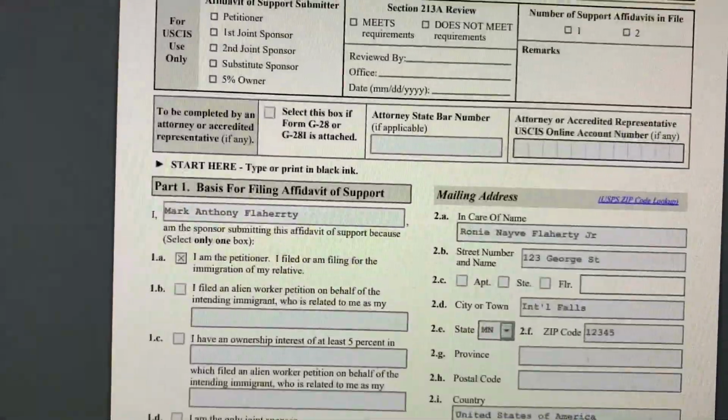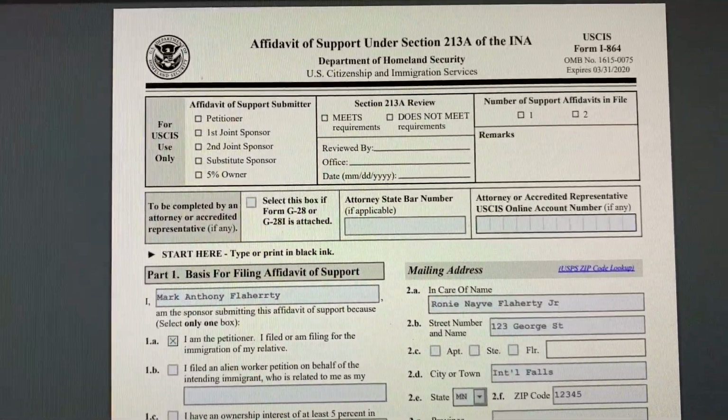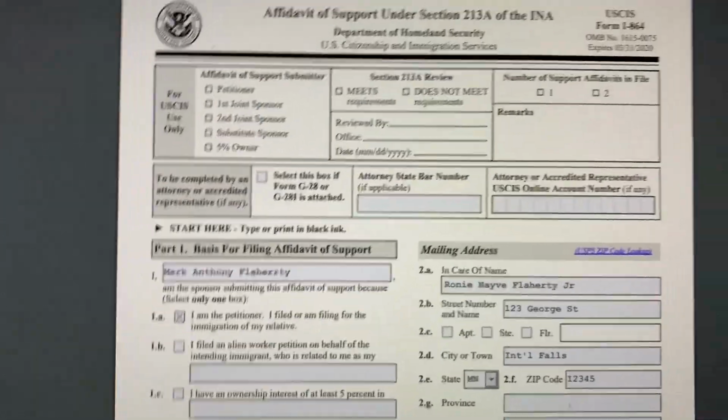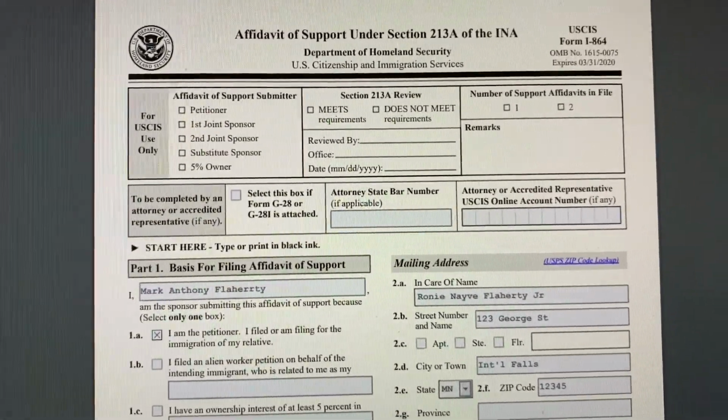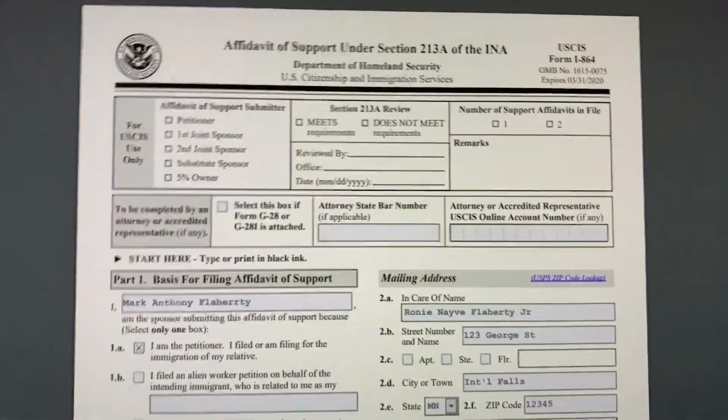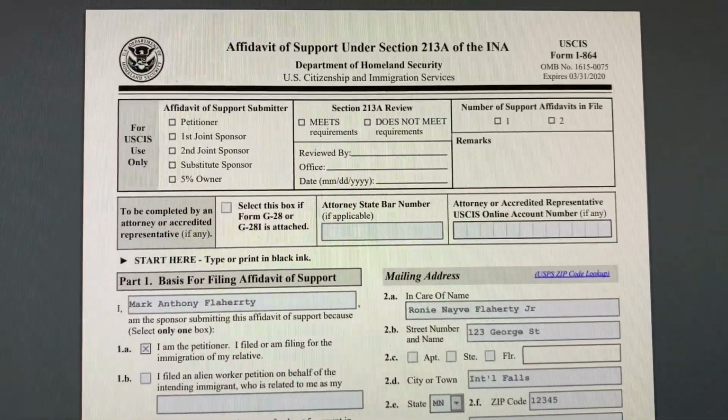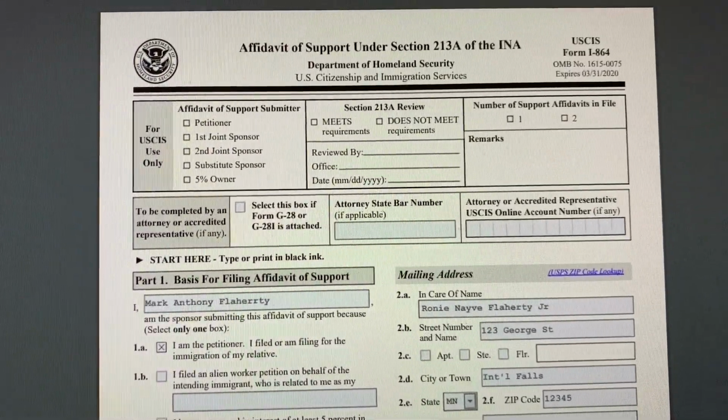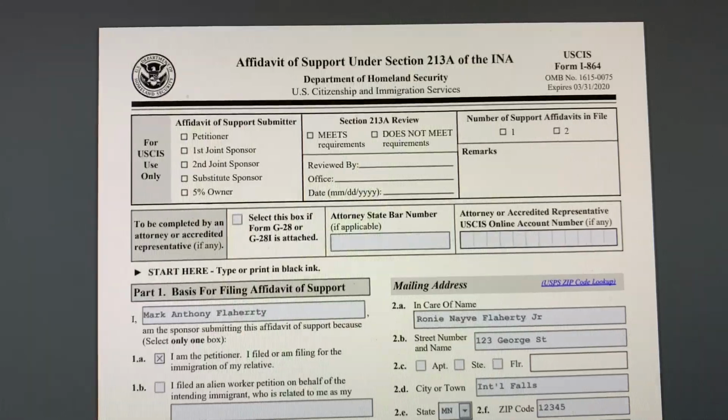So again, guys, my application is only based on my husband's, my sponsor's, personal income and his personal tax records and stuff.